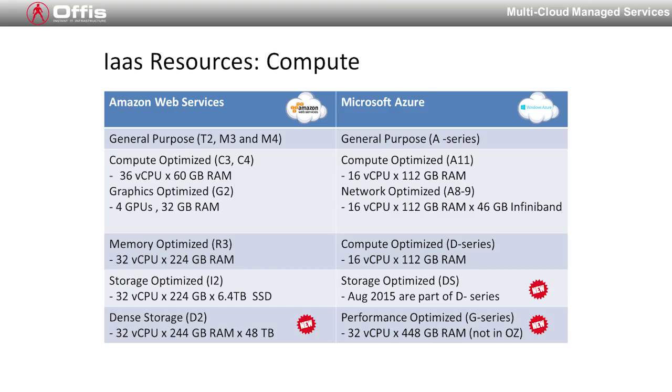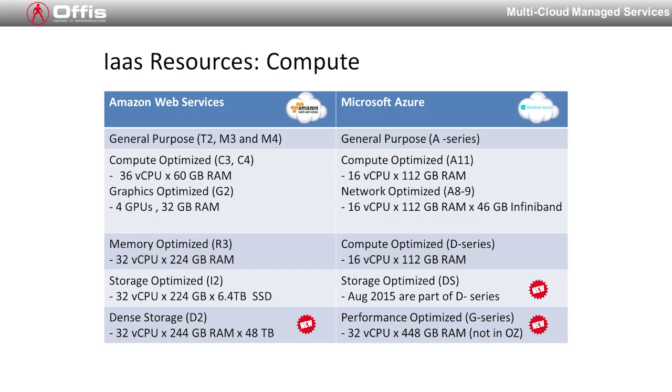Then you've got your G range, and G stands for graphics, so GPU, graphics processing unit, and again that's to do with your encoding and focusing more on the RAM. And then you've got your R range, and R, for me to remember it, is for RAM, and you can actually see 32 vCPUs, 224 gigs of RAM.